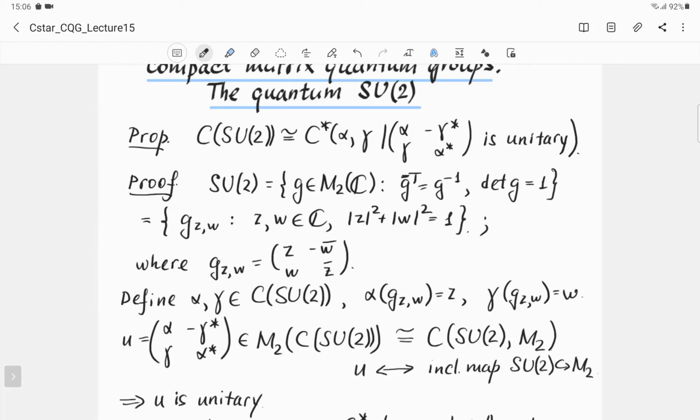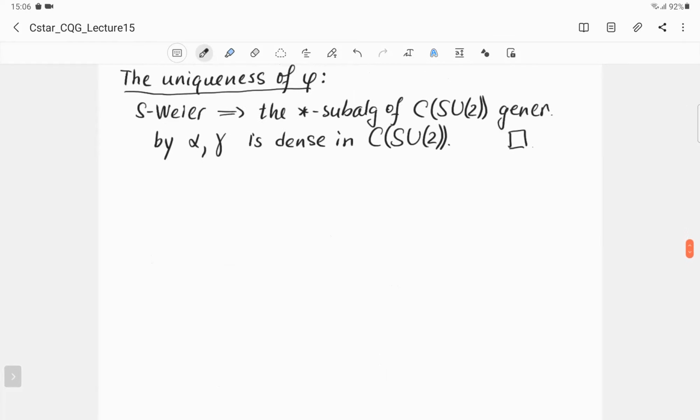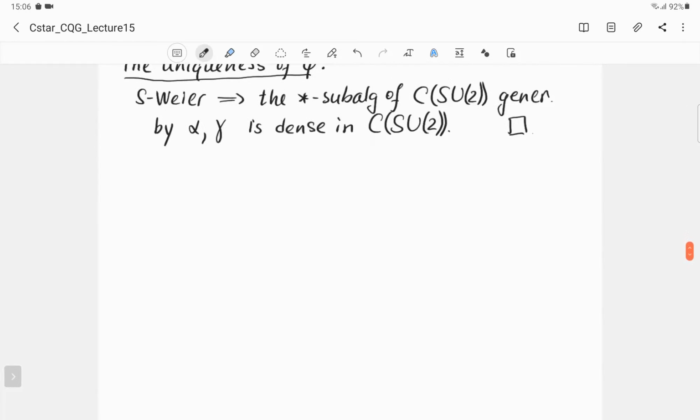Okay, so now we can use this formula as a motivation, and we introduce the quantum SU2 group. So suppose that q is a real number between -1 and 1 and different from 0.